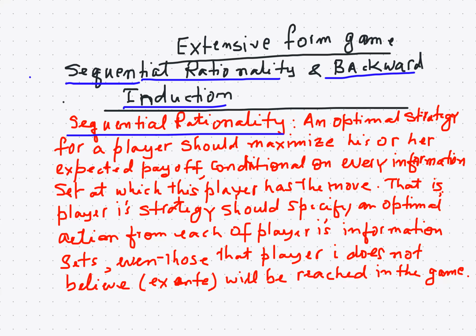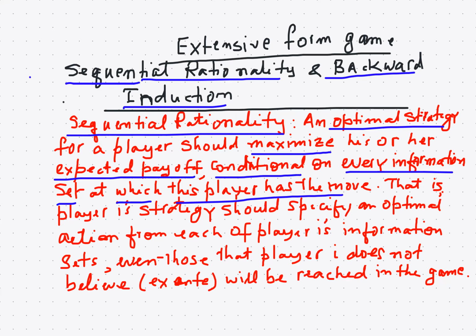What do we mean by this? An optimal strategy for a player should maximize his or her expected payoff, conditional on every information set at which this player has the move.